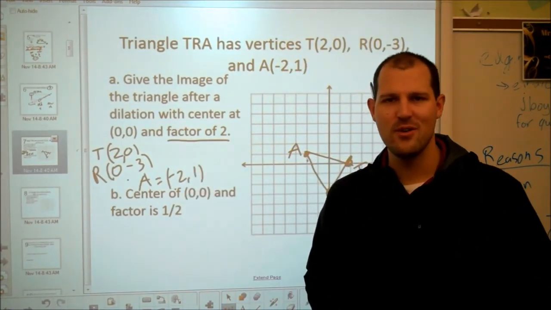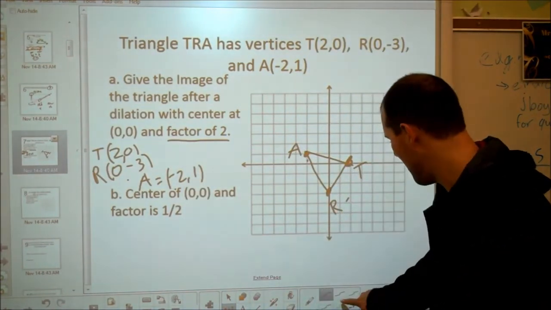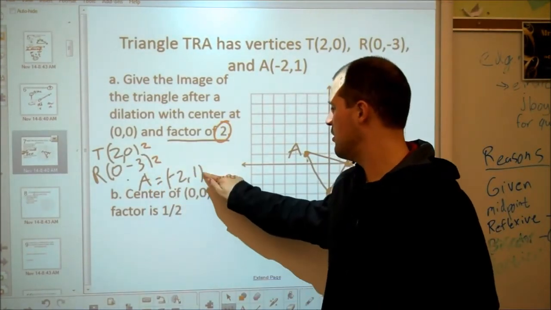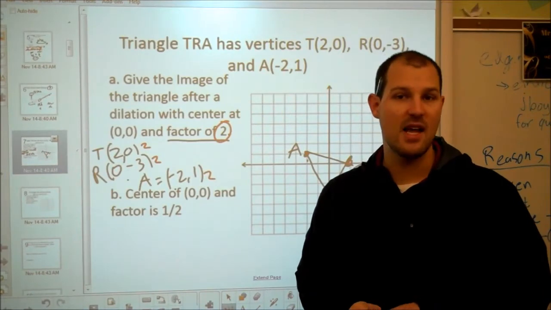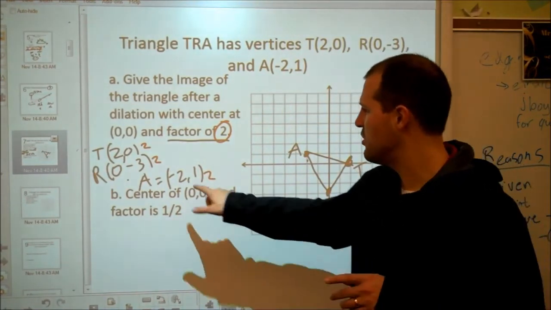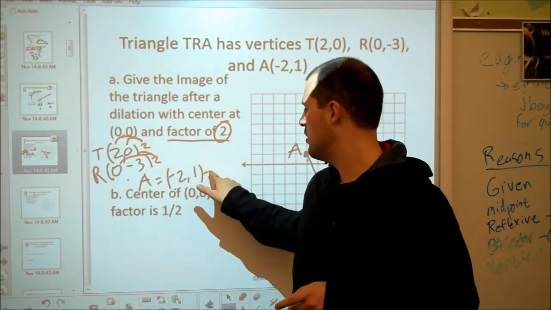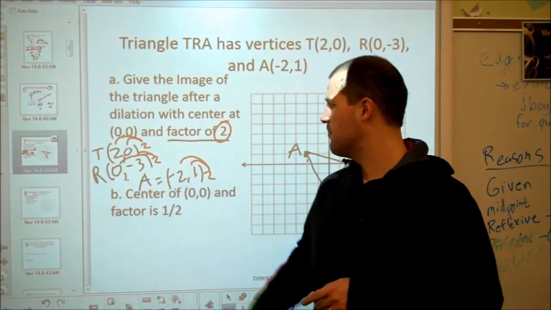And I'm just going to multiply all of them by 2. Now this relates back to algebra really nicely, because all you have to do is distribute this in. Distribute, distribute, distribute. Looks like I forgot my comma.